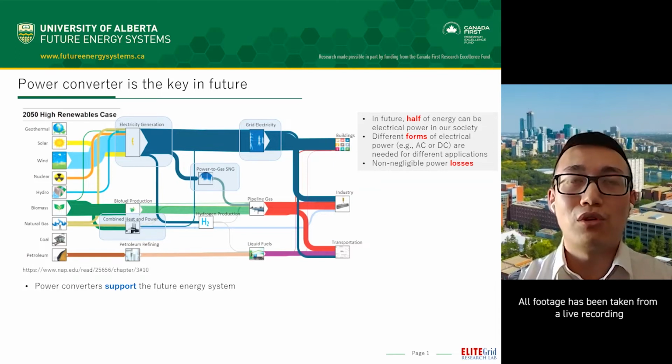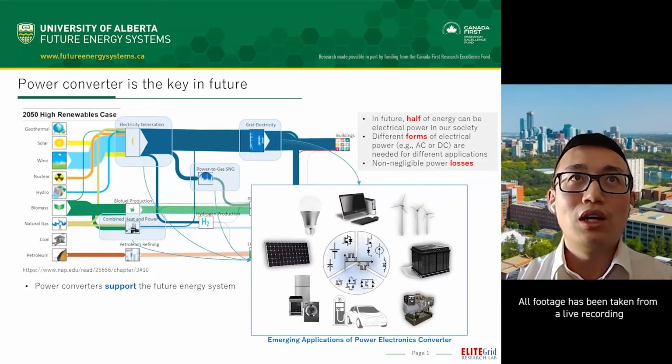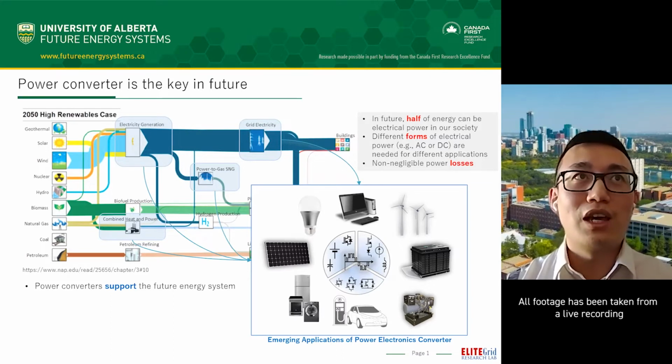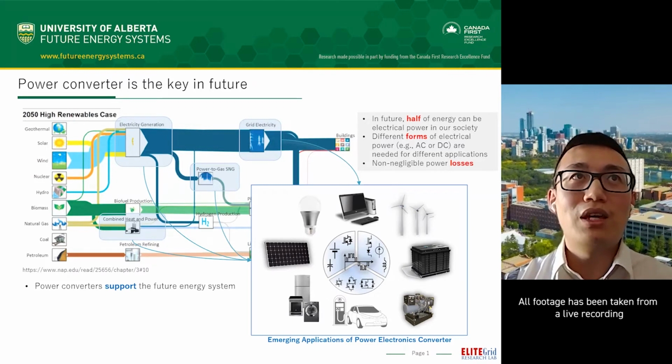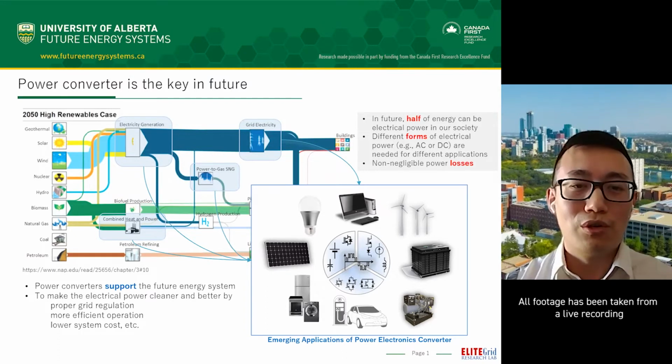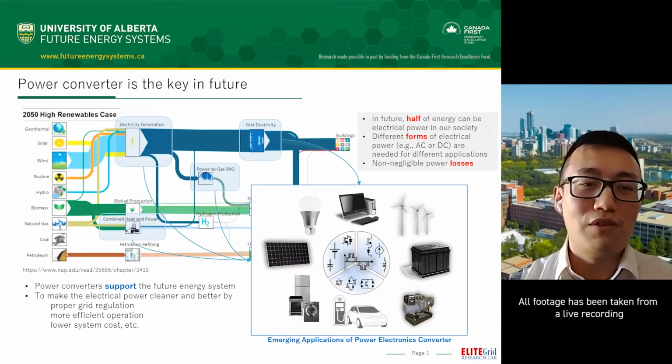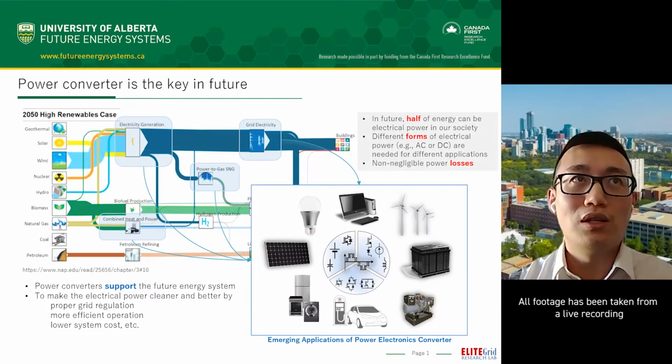It can make electrical power generation cleaner and better. It can be applied in different applications like PV, wind turbines, and electrical vehicles, and it can make electrical power generation better regulated, achieve more efficient operation, and lower the system cost.